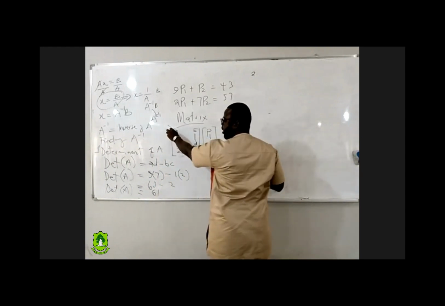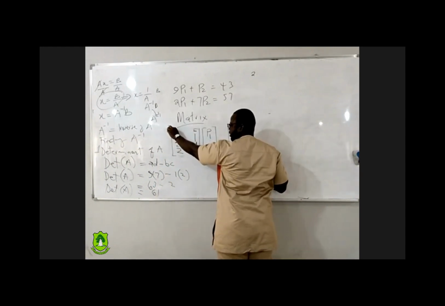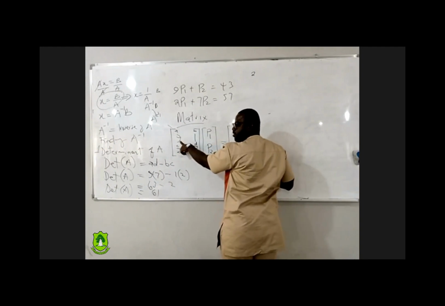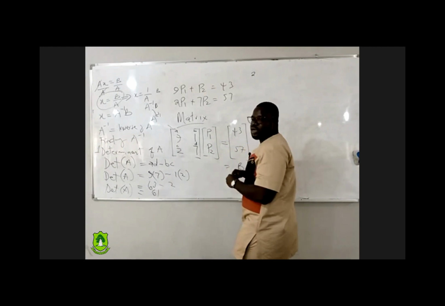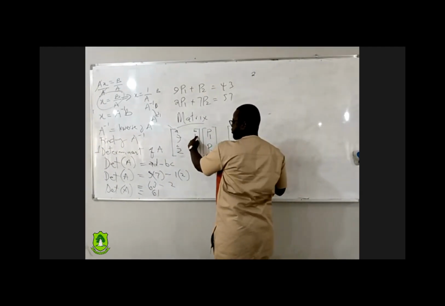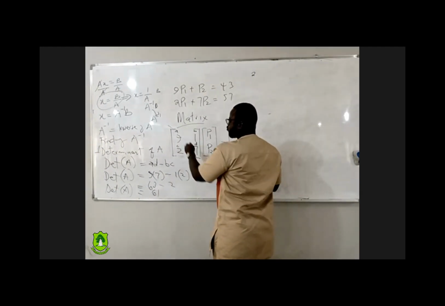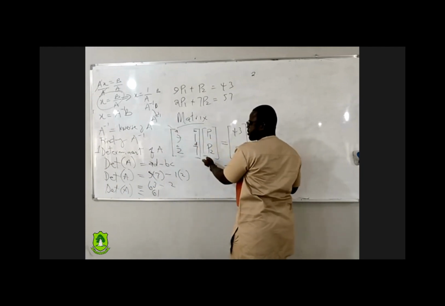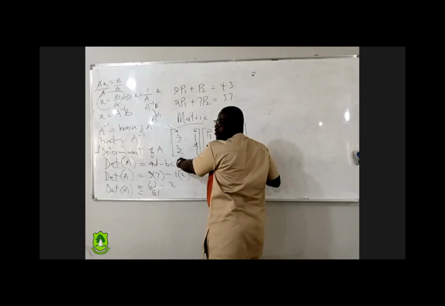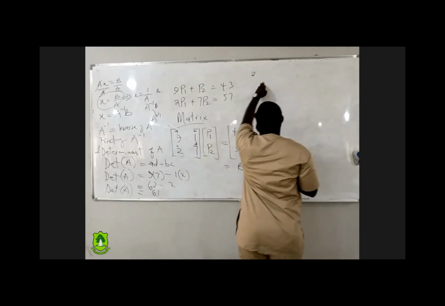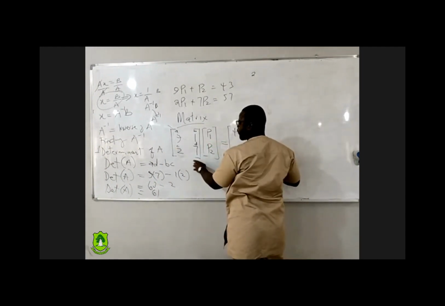So diagonal factors are 9 and 7, and off diagonal factors are 1 and 2. So this is diagonal, which is 9 and 7. Off diagonal is 1 and 2.